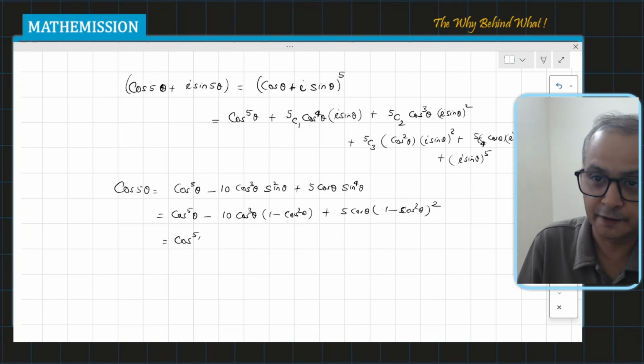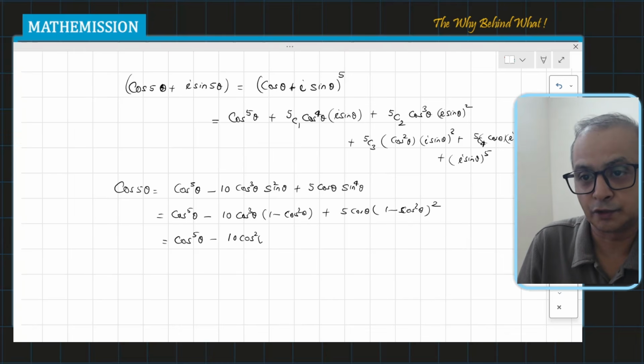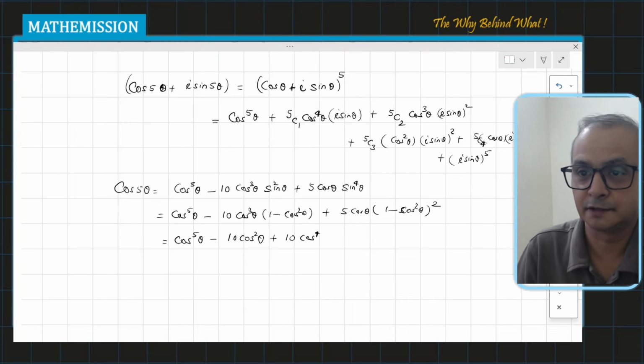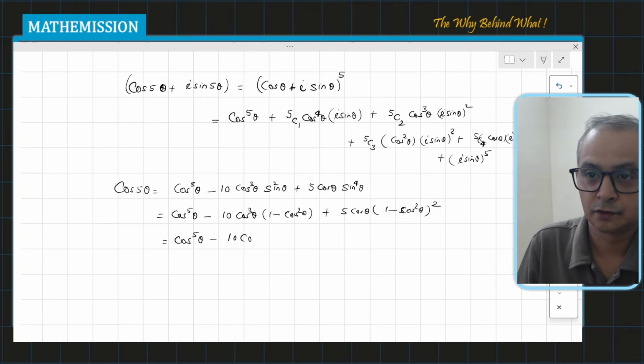So cosine to the power 5 theta minus 10 cosine cube theta plus 10 cosine to the power 5 theta.